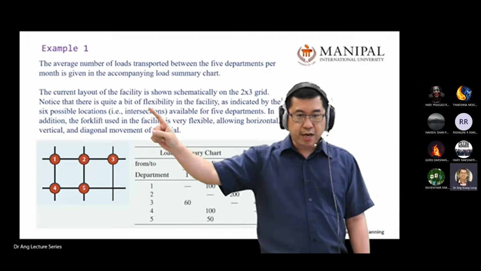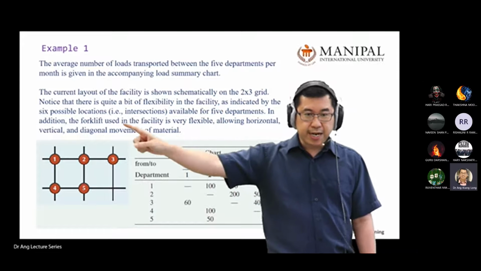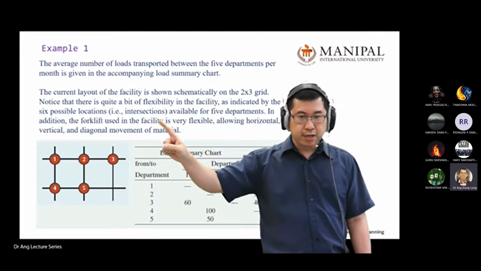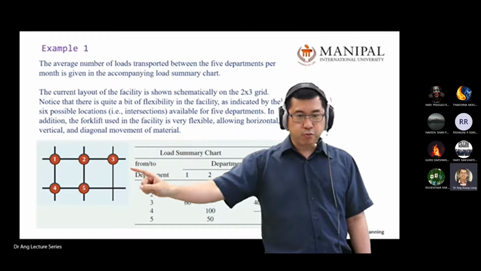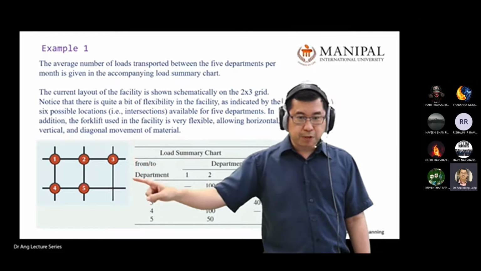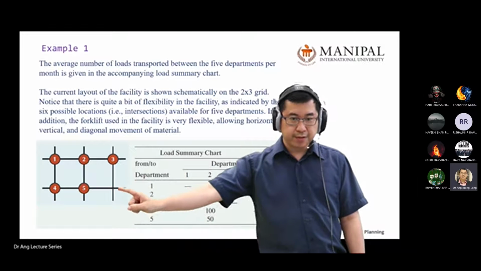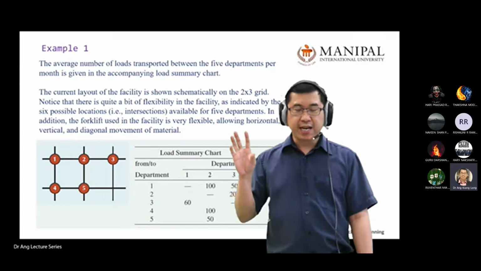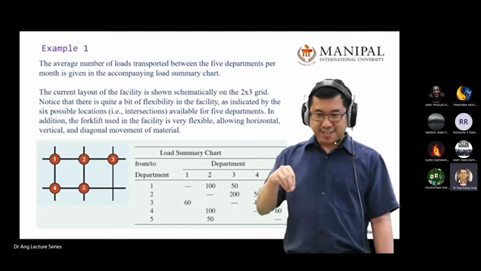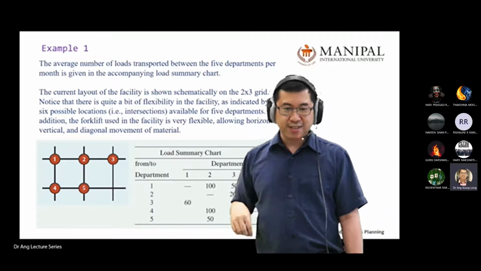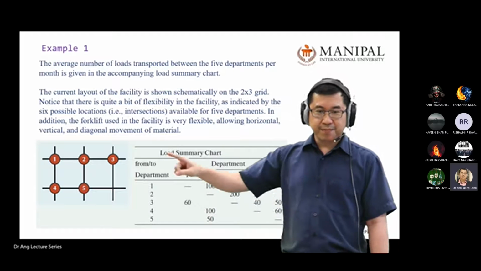Notice that there is quite a bit of flexibility in the facilities as indicated by 6 possible locations, or we call it intersections, that I showed you just now. Although the numbers here are 1 to 5, there are 6 possible locations that you can play with. There's one more location you can put here. Meaning if you play chess, you have 5 chess pieces, but you have 6 locations you can play.